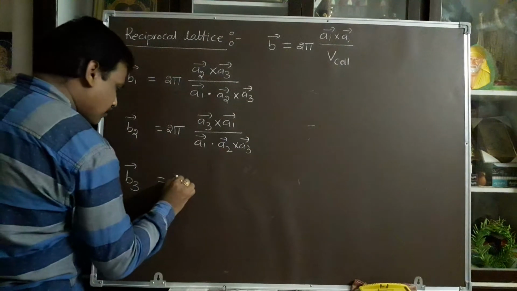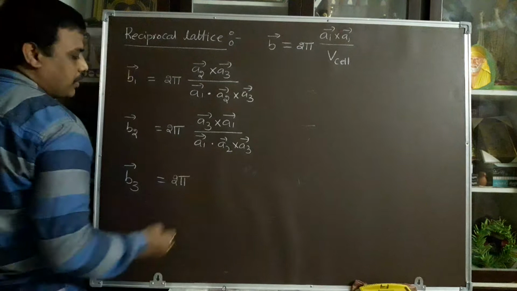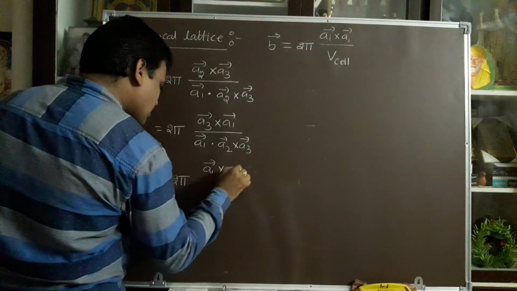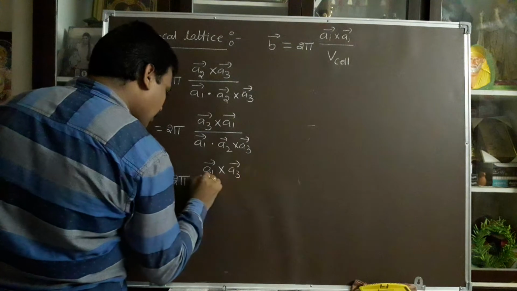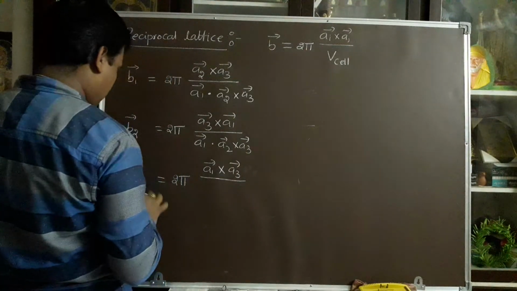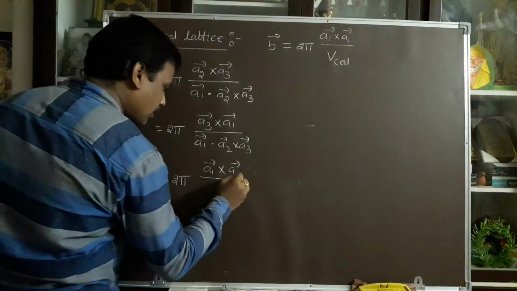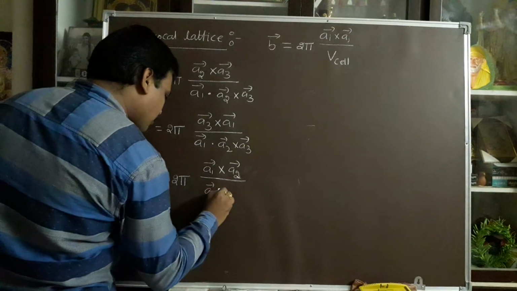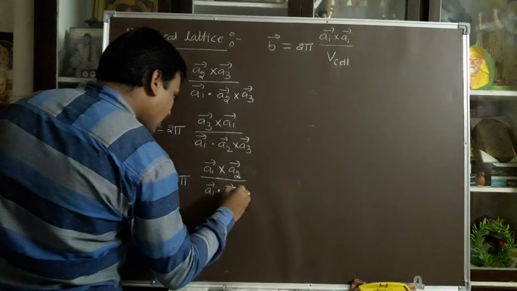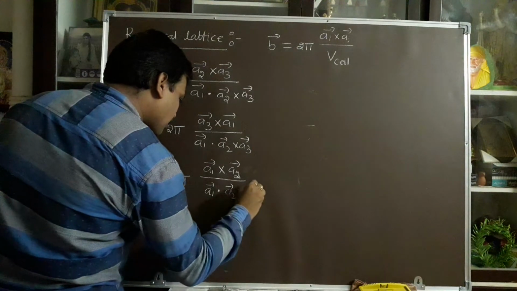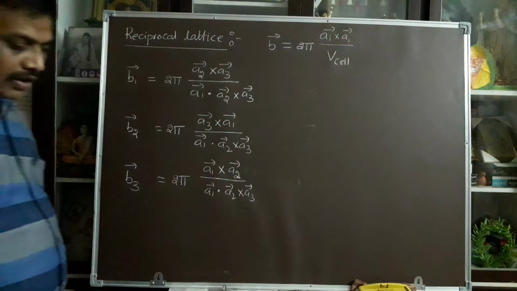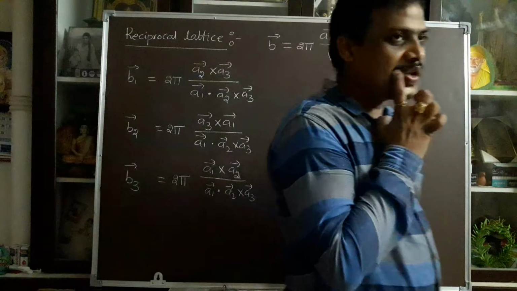B3 bar is written as 2 pi into A1 bar cross A2 bar divided by A1 bar dot A2 bar cross A3 bar. These are the primitive vectors of the given reciprocal lattice.